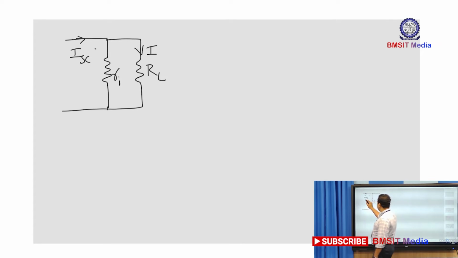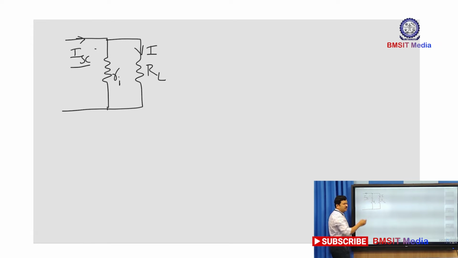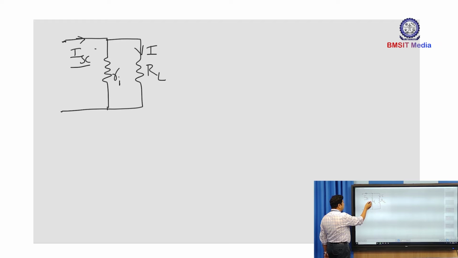Now, what is this ISC? This ISC is a constant current, which is the ratio of E to Ri. So, a constant current enters the parallel branch. Wherever I get a constant current, I can visualize it as a current source. So, instead of keeping these terminals open, I will represent the left side of this load as a current source.